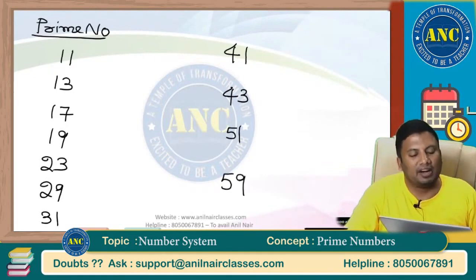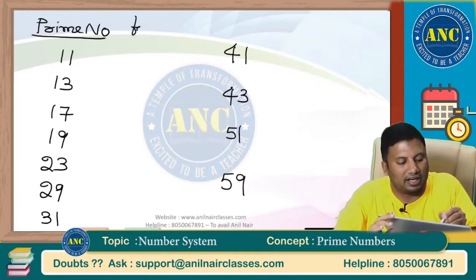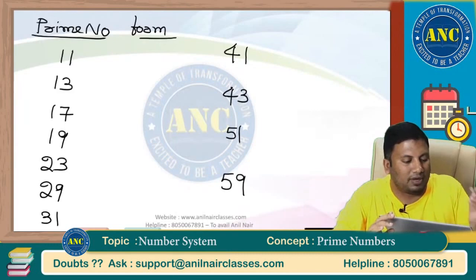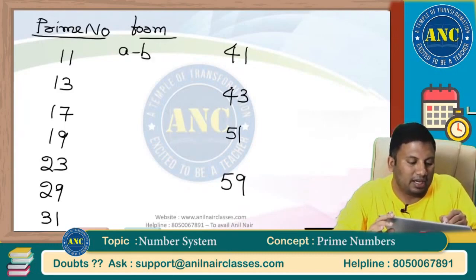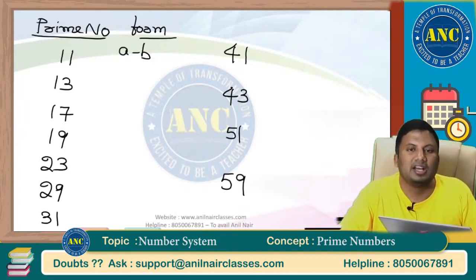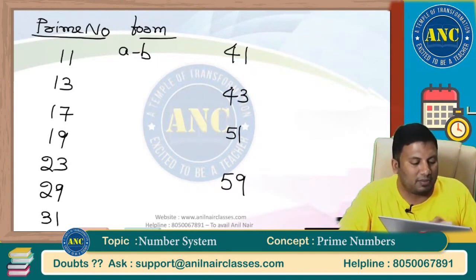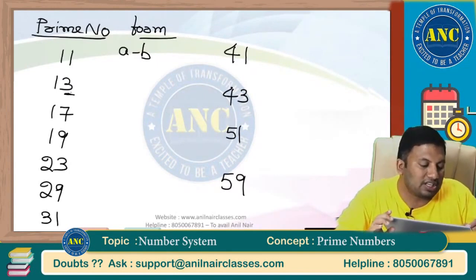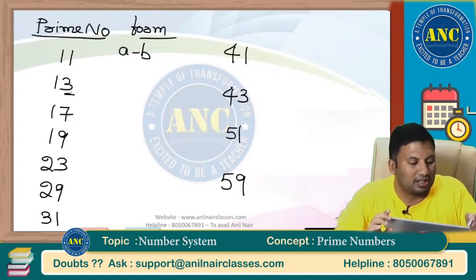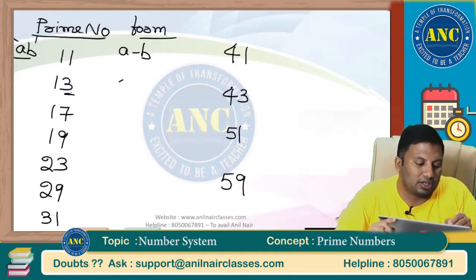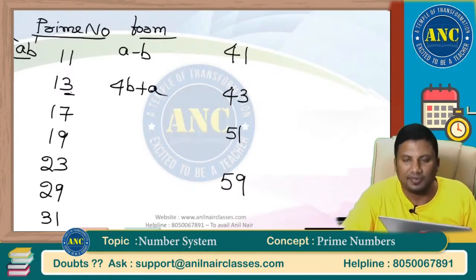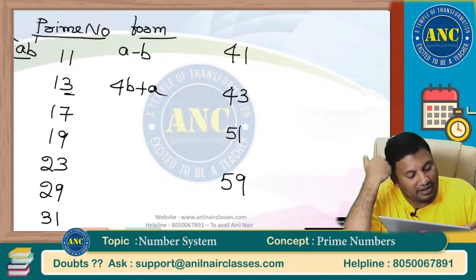Let us develop our own form of the divisibility rule of the prime numbers. For 11, AB, A minus B: sum of odd places minus sum of even places. For 13, 4 3s are 12, 12 plus 1 is 13. It is 4B plus A. I hope it is clear. Next, 17.